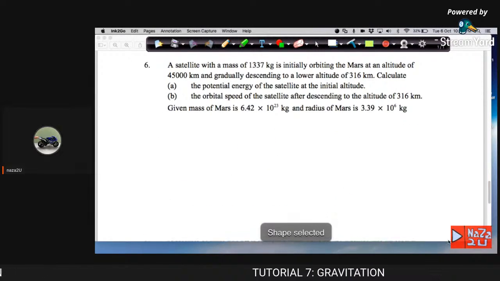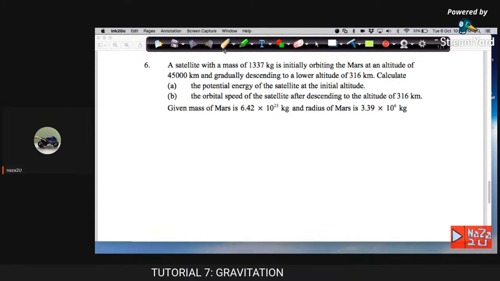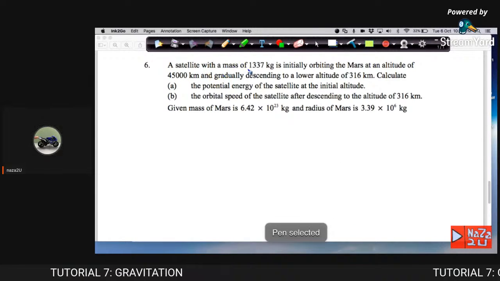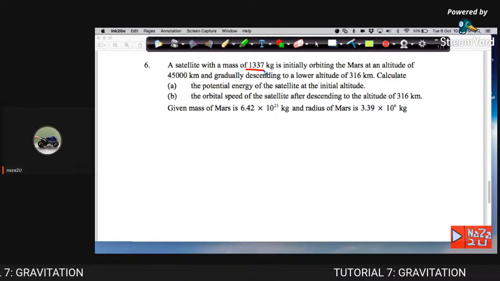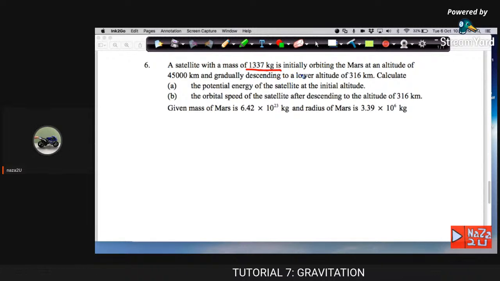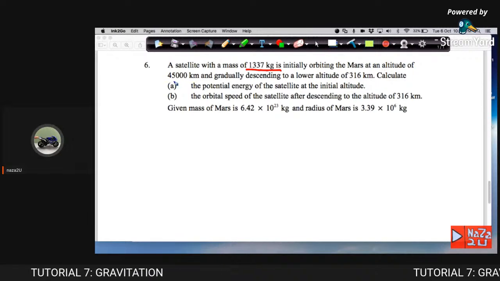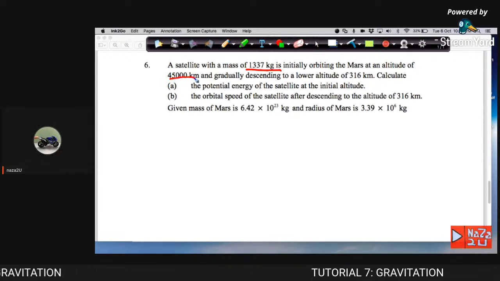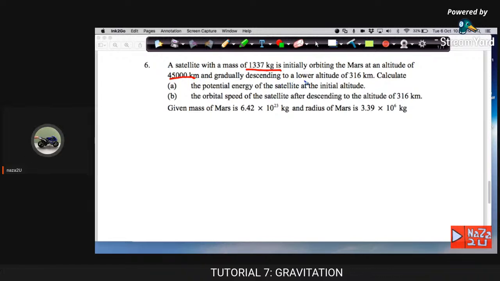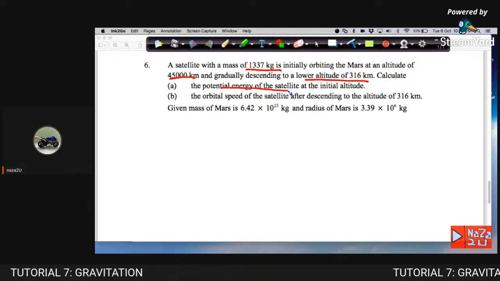Okay, question number 6. A satellite with a mass of 1,337 kg initially orbits Mars at an altitude of 45,000 km, gradually descending to a lower altitude of 316 km. Calculate potential energy.